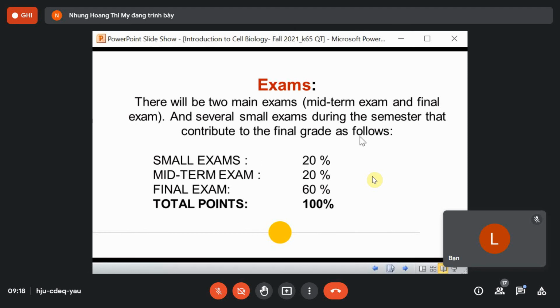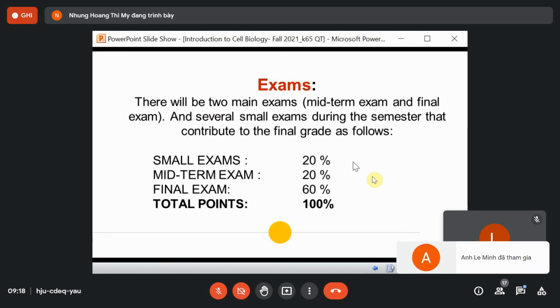For example, today during the time I teach you, I will give some questions, and the questions may appear in the Google Classroom. So you have to come into the Google Classroom and complete your assignment there. The points or marks you get from each question will be counted in your exam.